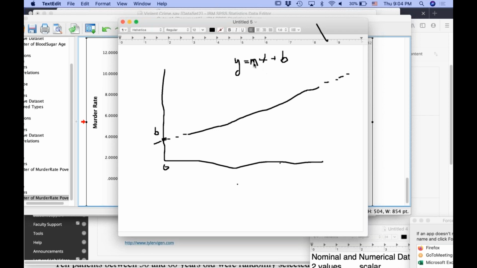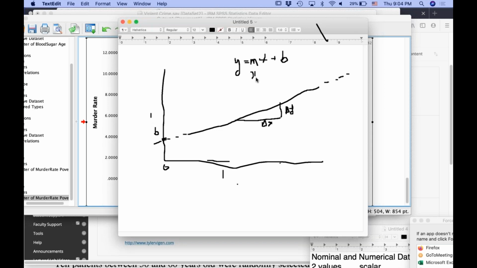Okay, so what does the m stand for? The m is the slope of the line. And the slope of the line is the change in y over the change in x, right? So if m is equal to 1, it means for every time you increase the x-axis by 1, you increase the y-axis by 1.